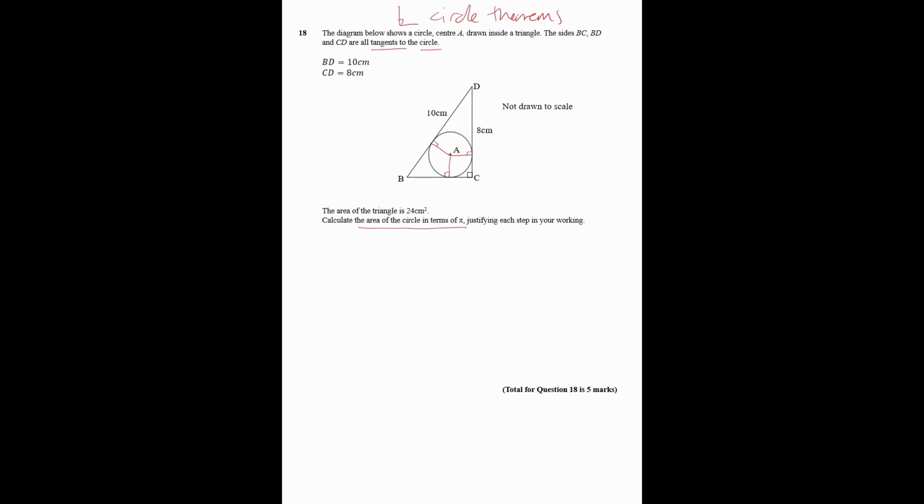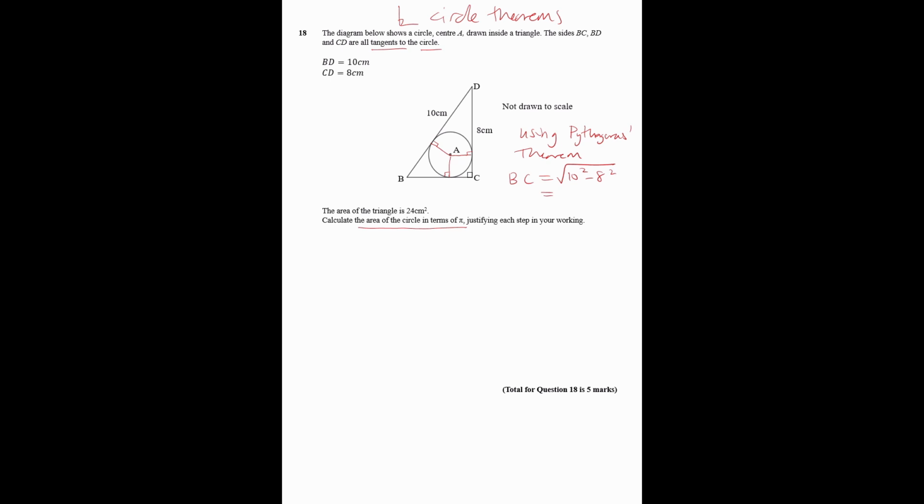Okay, I'm going to work out what the base is. So using Pythagoras' theorem, BC equals the square root of 10 squared minus 8 squared, which, putting that into our calculator, 100 minus 64 is 36.